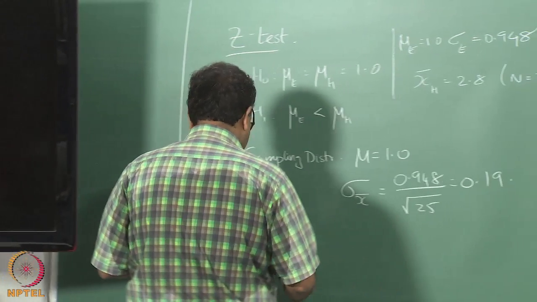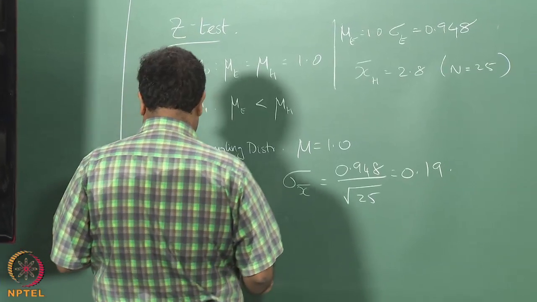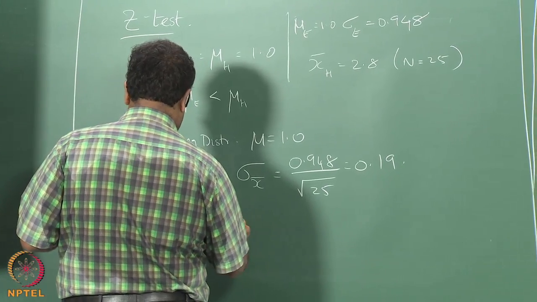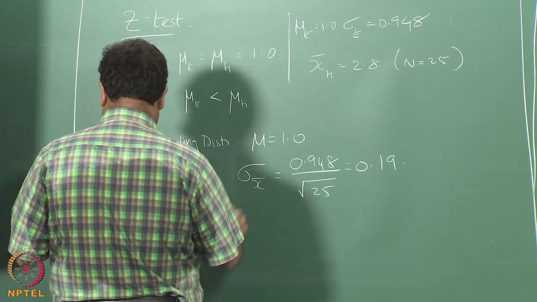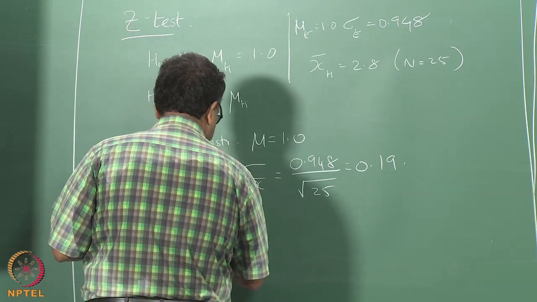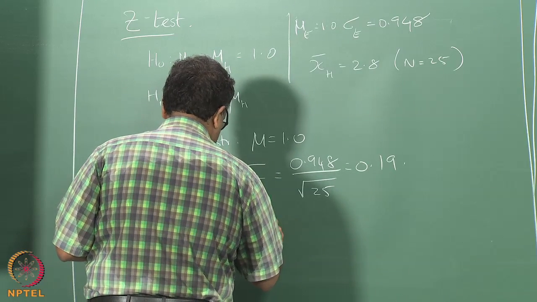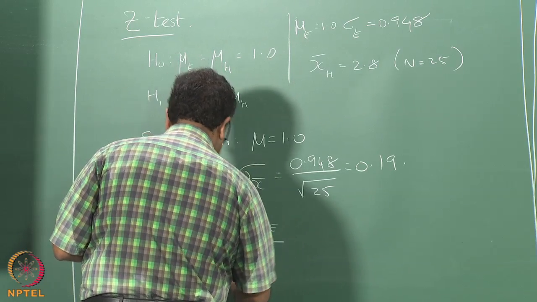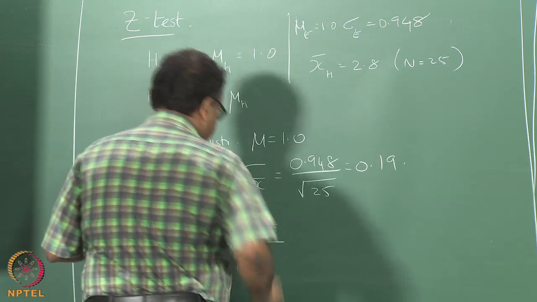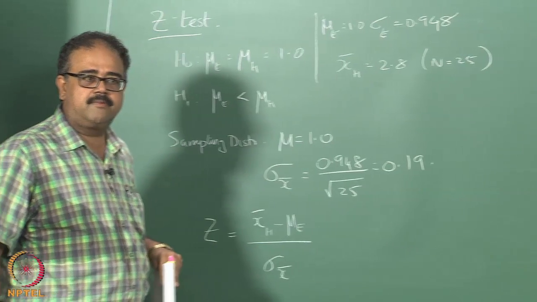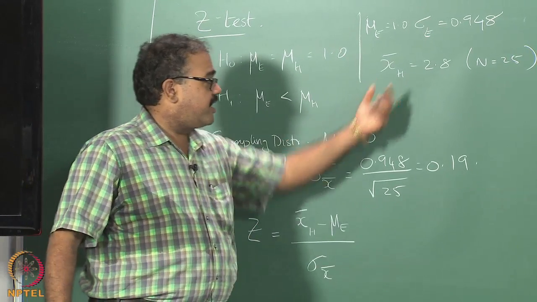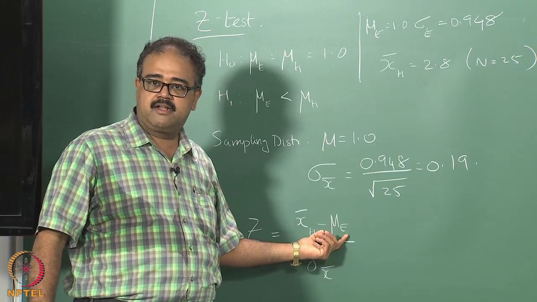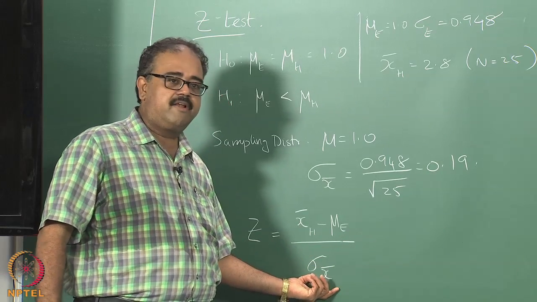So essentially the Z score is the following. I take my actual statistic, subtract the mean from that, and then divide by the standard deviation.